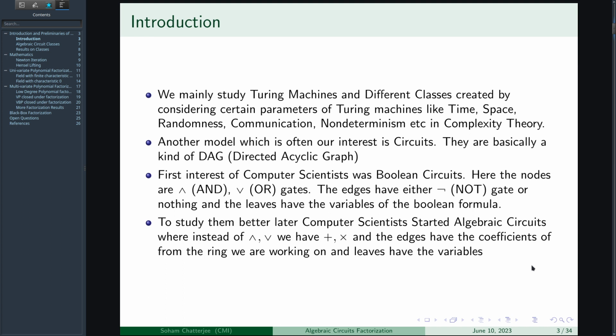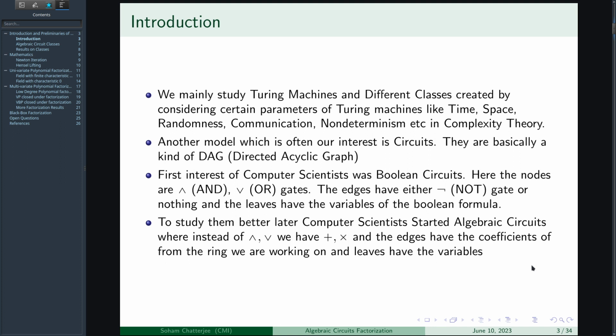This separation is done based on many things: whether a problem is solvable or not, and if it is solvable, how much time it takes, how much space it takes, or whether someone who makes random choices at each step can solve the problem, or if I communicate with another computer, can I solve the problem? These kinds of things. Here we will mainly look at the model of circuits, which is basically a directed acyclic graph.